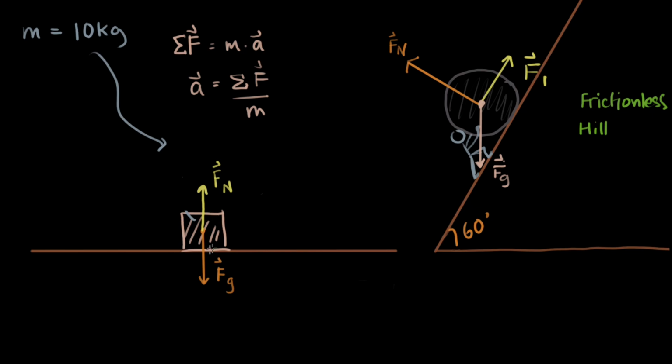And in our case, it has an acceleration of 0 because it is not moving, it's at rest. So 0 equals the net force over the mass, and if you cross multiply this mass over to this side, it will just be 0, because you multiply with 0, it becomes 0. So the net force is 0.